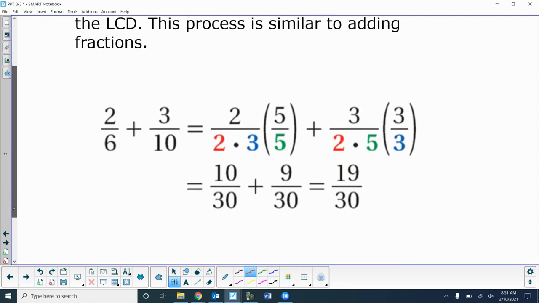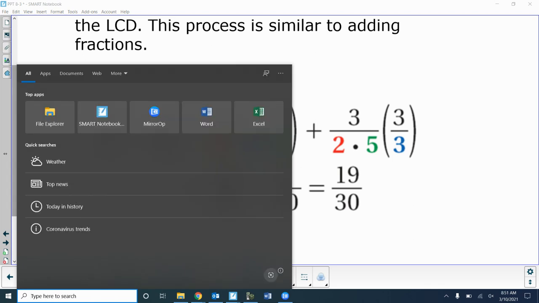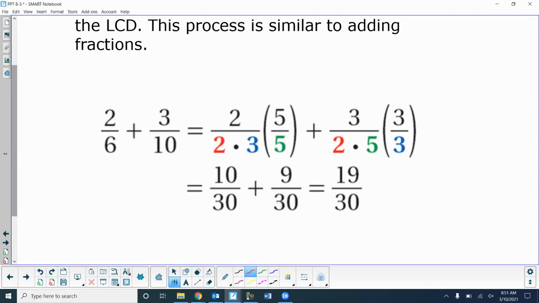Again, 6 is 2 times 3, 10 is 2 times 5. Okay, what showed up? A 2, a 3, and a 5. Well, 2 times 3 times 5 is 30. That's how those 30s showed up. What times 6 gives you 30? 5. So 2 times 5, 10. Just like the warm-up, right? What times 10 gives you 30? 3.